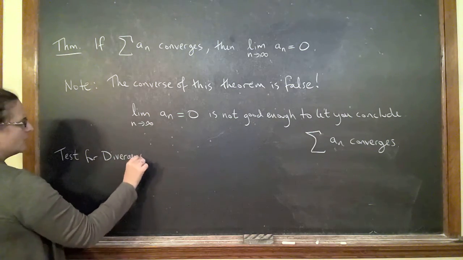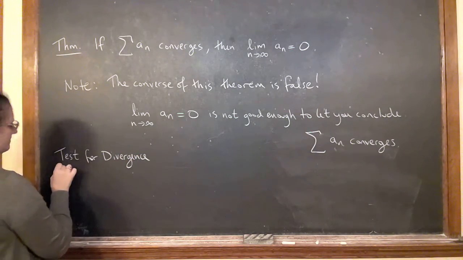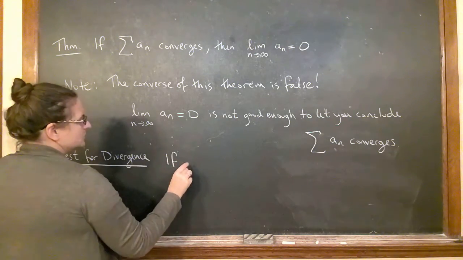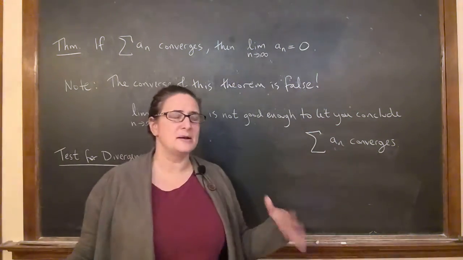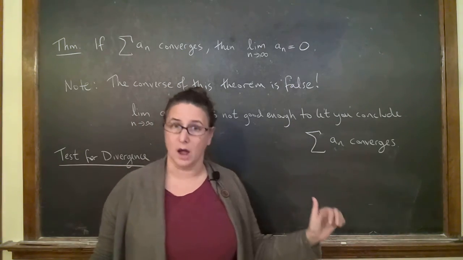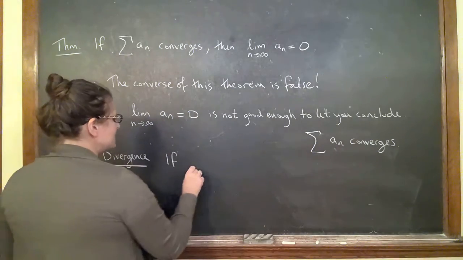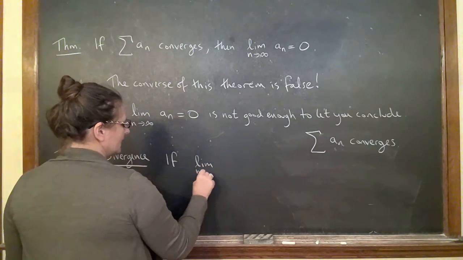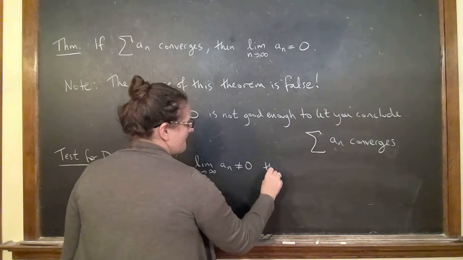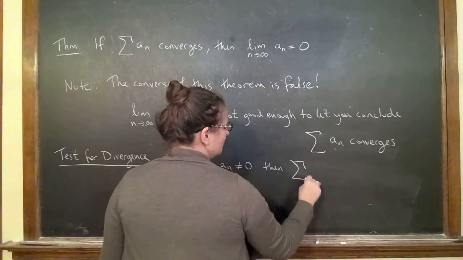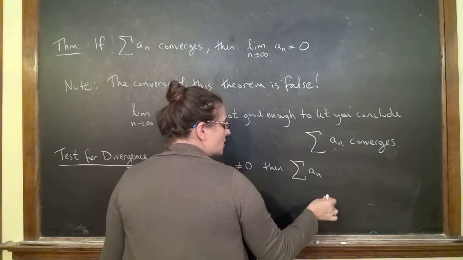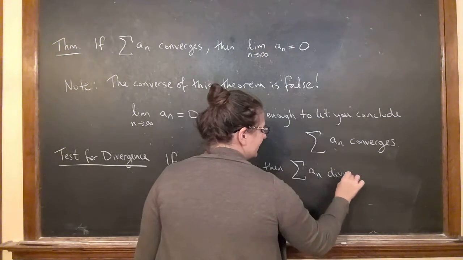And it's what we did with our previous example of (n+1)/(n+2), right? If my statement is if p then q, the contrapositive is if not q then not p. So if the limit as n goes to infinity of a_n is not 0, then the series does not converge, or it diverges.